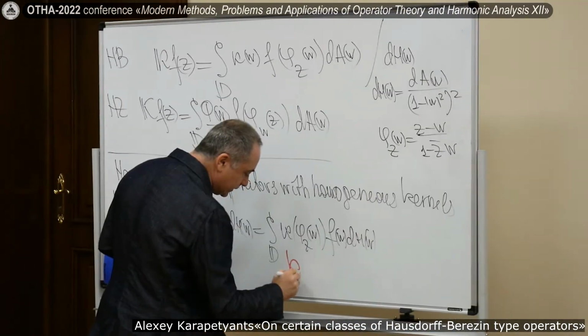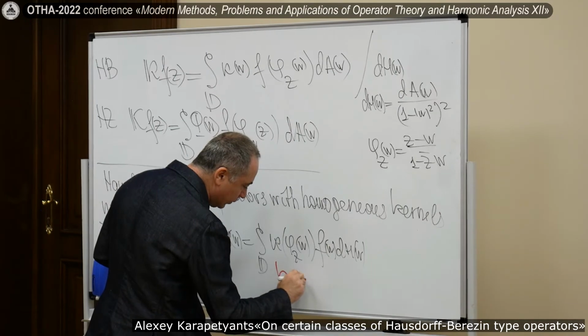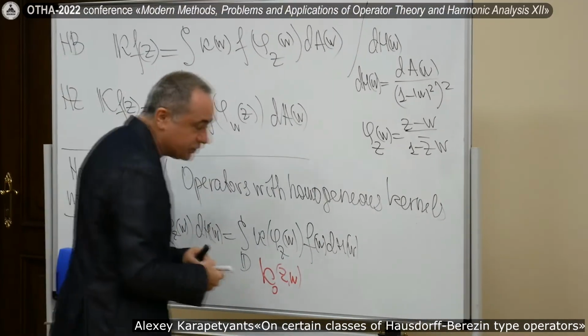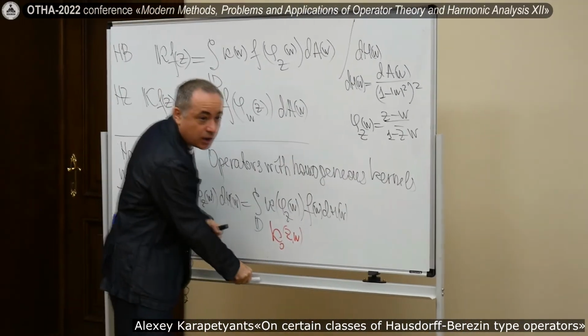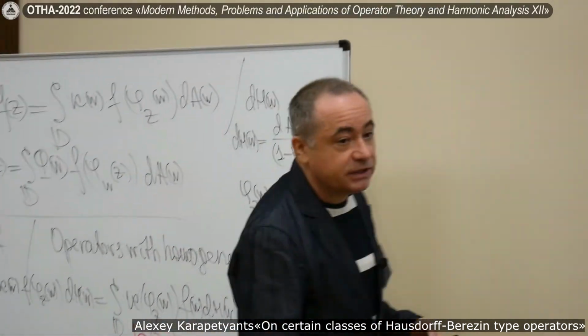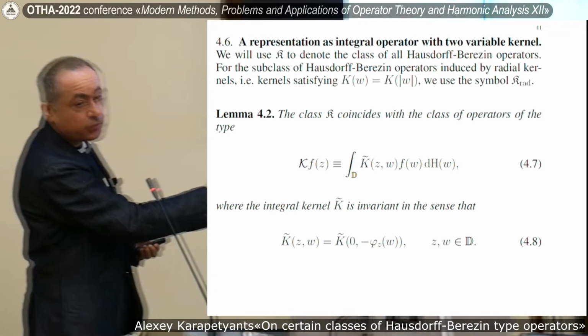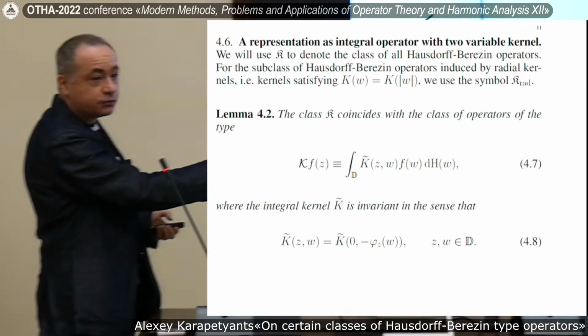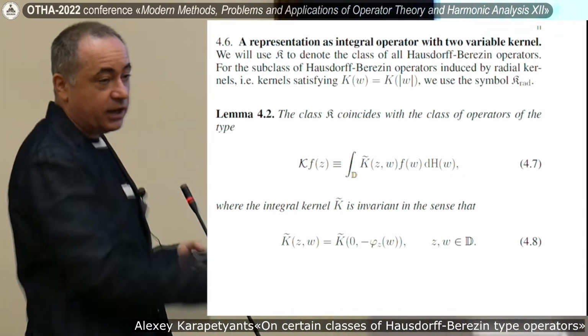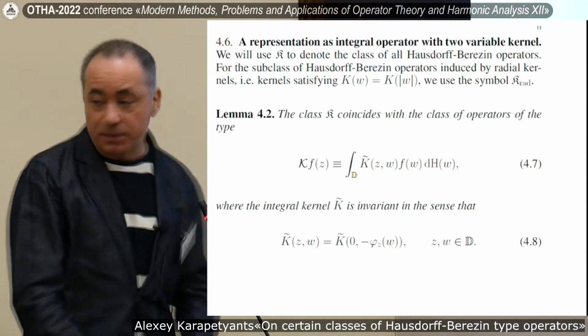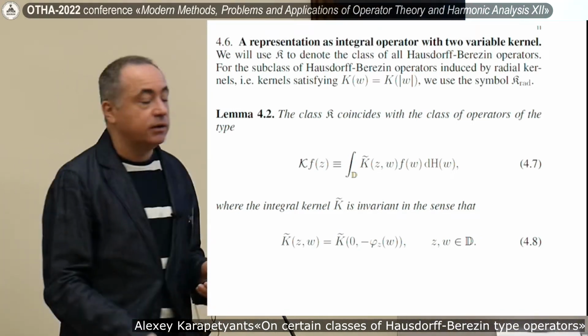What if I would write k0 of Z, W? In which case I will get our Hausdorff-Berezin operator. And the exact answer is here. So in case of this symmetry, you will have exactly the Hausdorff-Berezin operator. It means that there is a kernel, a one variable kernel, that can be represented in this way.